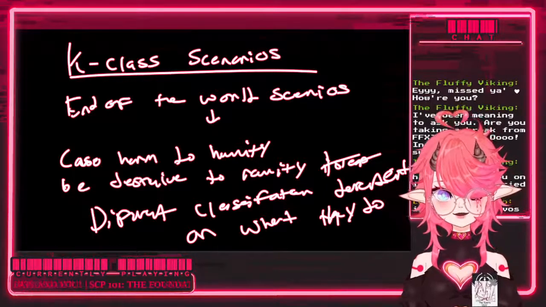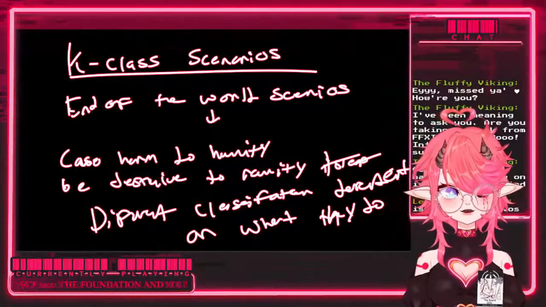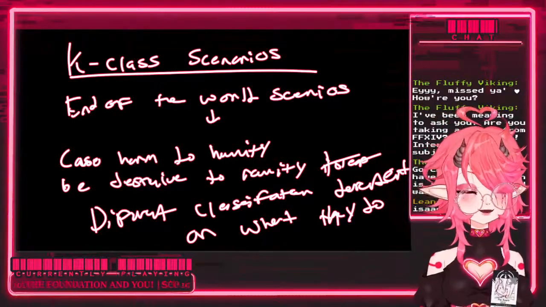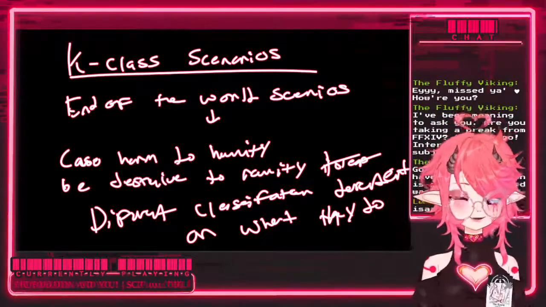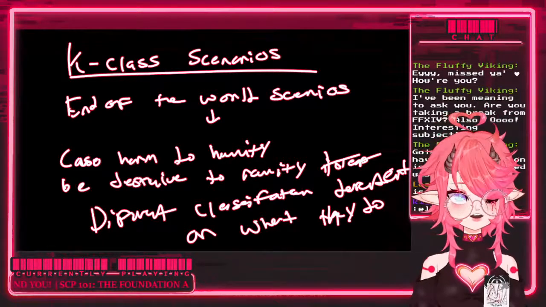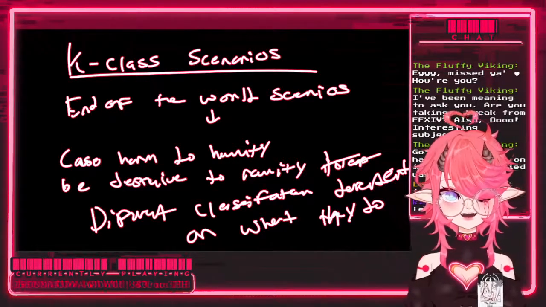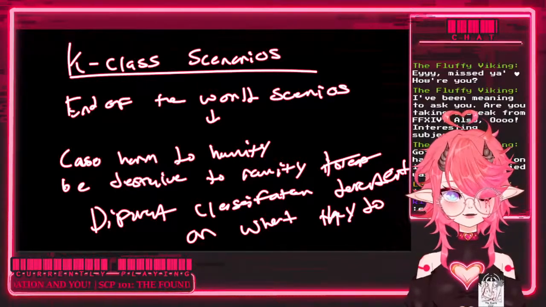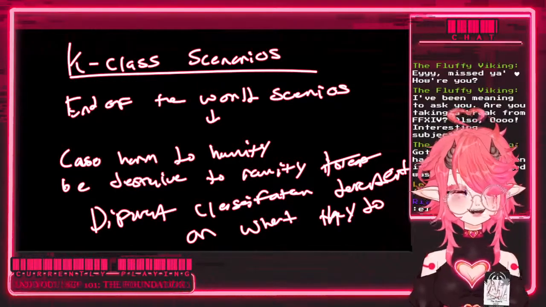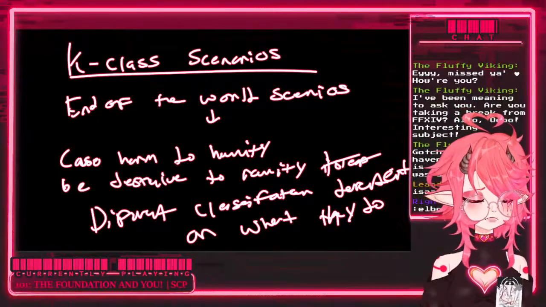So for instance, K-Class has a whole ton of different stuff. Hi Jack, welcome. You came in at the fun bits. So say there's AK, ADK, AC, EK, FK, GK/HK, HK, IK, LK, MNOP. There's an SCP K-Class scenario for literally anything and everything you can imagine.